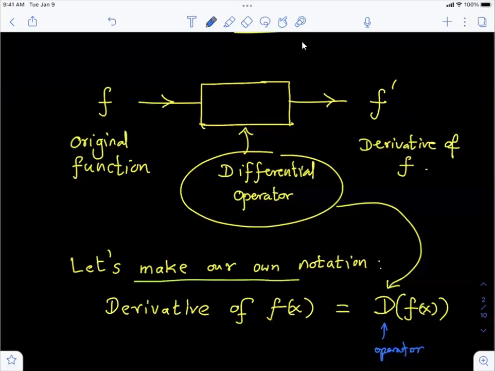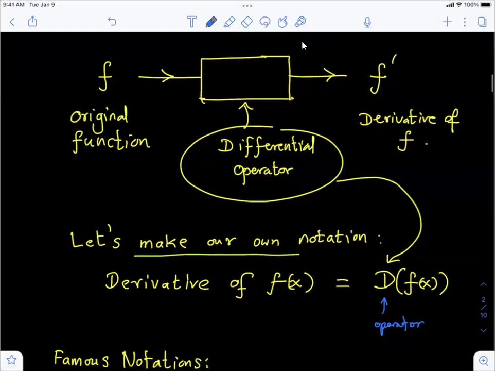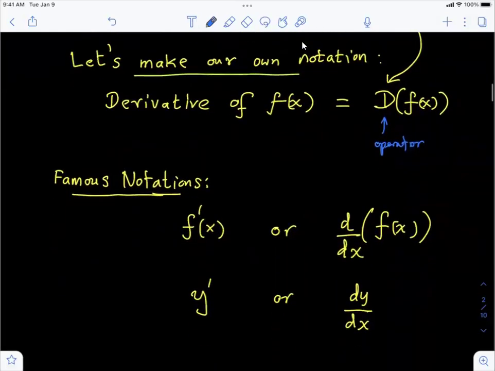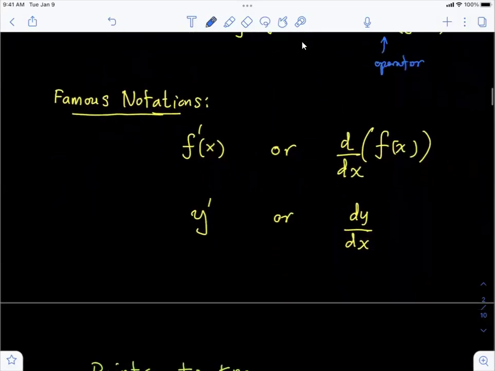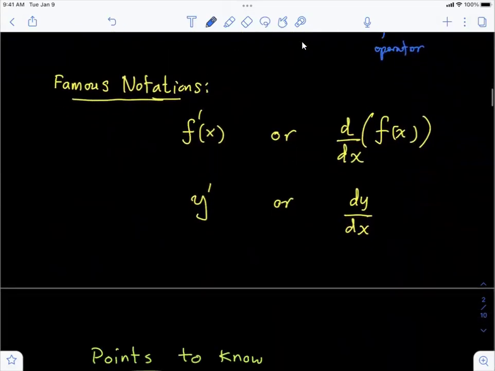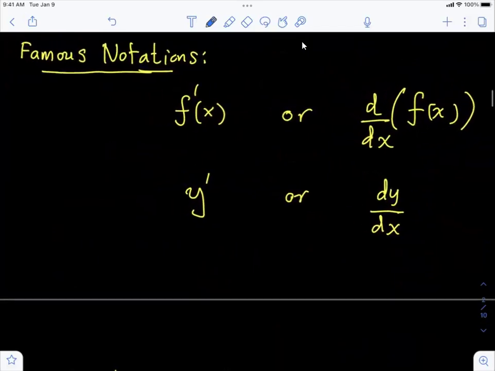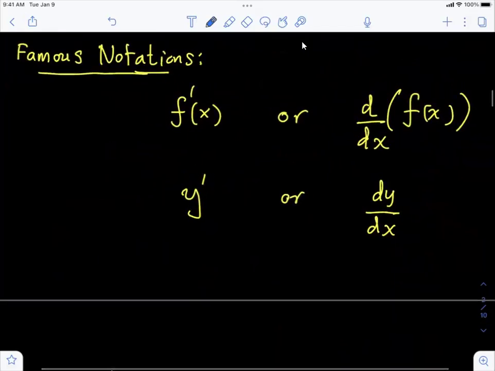Now, this is simply a notation, right? And if you have seen calculus content before, don't forget we have some notations for the derivative already. So what are those notations? We consider the derivative in terms of f prime, or we have the d by dx notation.